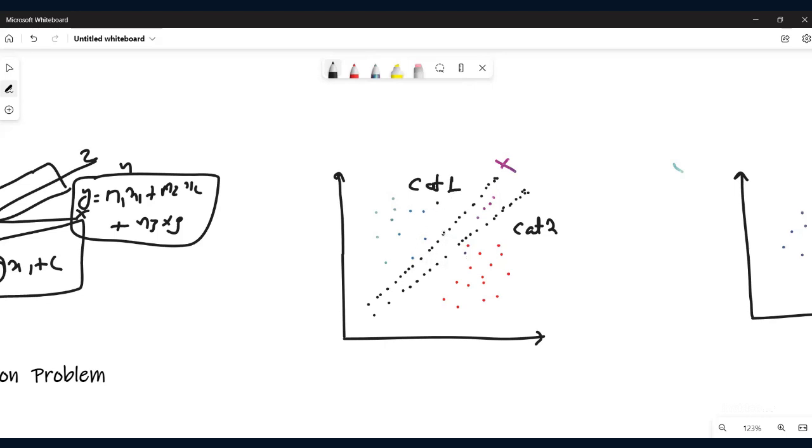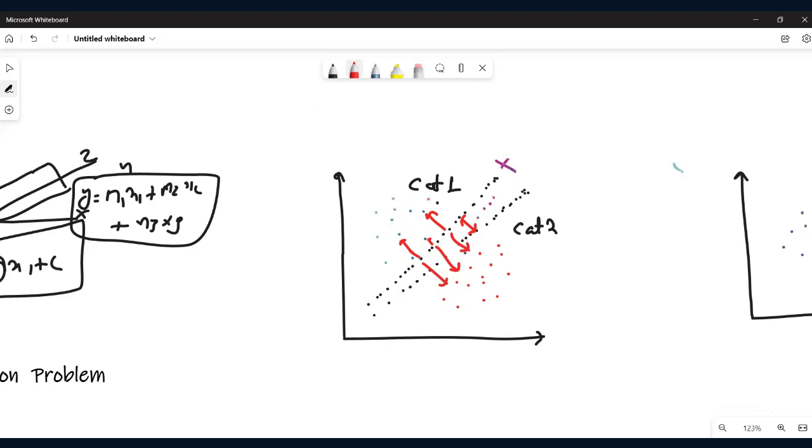Okay, how does the support vector machine work in this case? It considers the margin. This is the distance between these two lines. This is their margin with every variable. So it tries to maximize the margin.